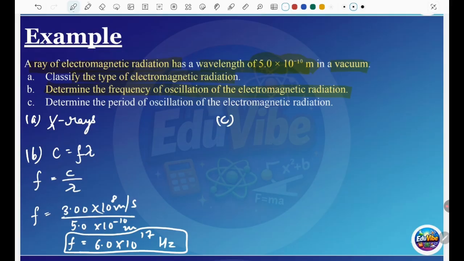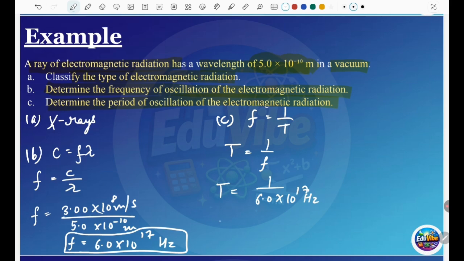For C, we have to find the period. Determine the period of the electromagnetic radiation. The formula for period: f is equal to 1 upon T, so T is equal to 1 upon f. You already found the frequency, so put that frequency value in here.